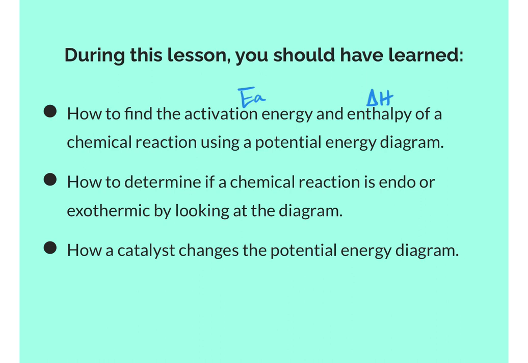Then we're going to determine if it's endothermic, meaning it has a positive delta H, or exothermic, negative delta H, by looking at these diagrams. So compare those numbers of kilojoules. And then how will a catalyst affect that potential energy diagram? So if you need to, go back and review some of this stuff, but hopefully this isn't too complex. And if you have any questions, please let me know.